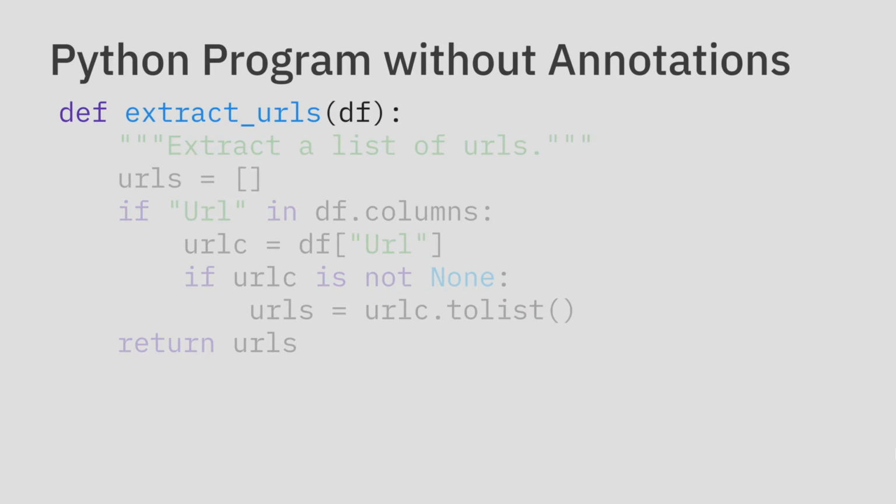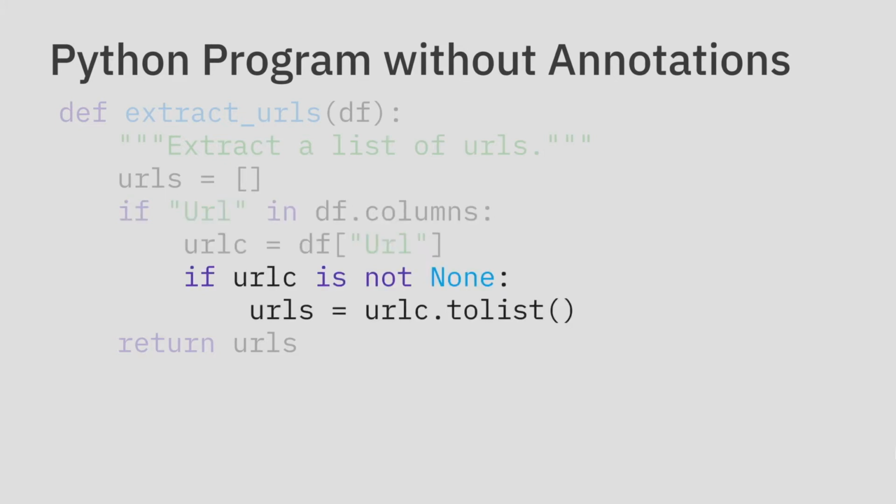The first line of the function is its signature. The name is extract URLs, and the input parameter is called df. Next, the program creates a list called URLs. After creating the list, it checks to see if the string URL is inside of the columns attribute of the df variable.